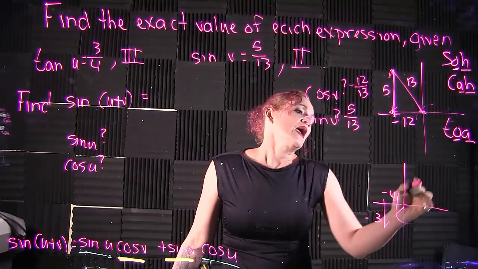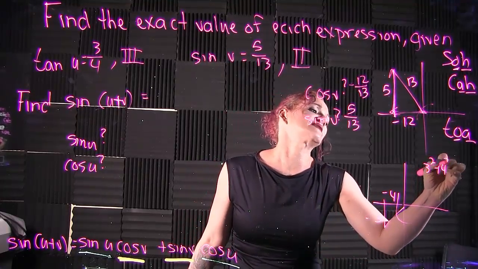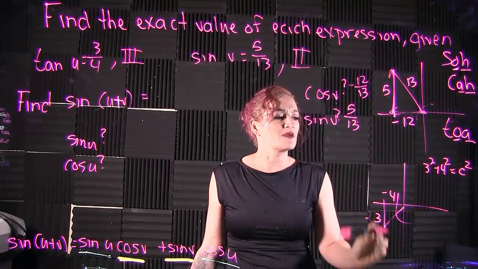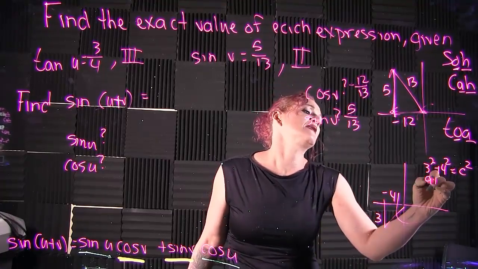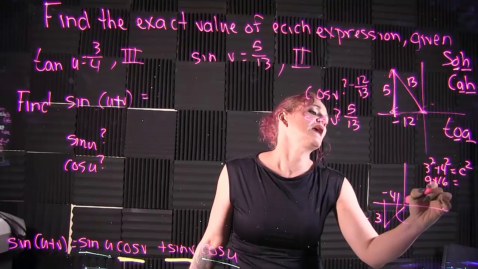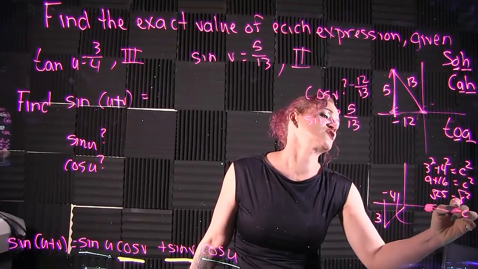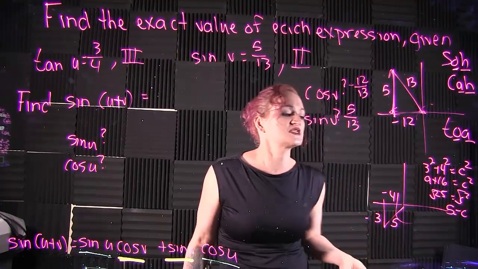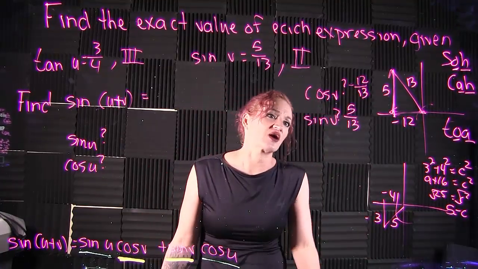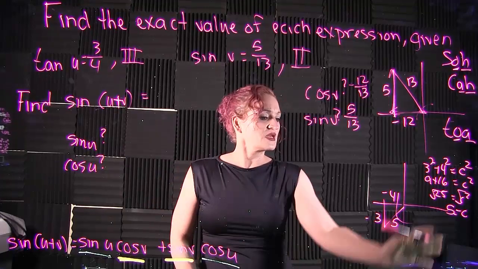So in order to figure out what our missing side is here, again, Pythagorean theorem, 9 plus 16 is 25. And when we take the square root of each side, we do get that c is equal to 5 there.